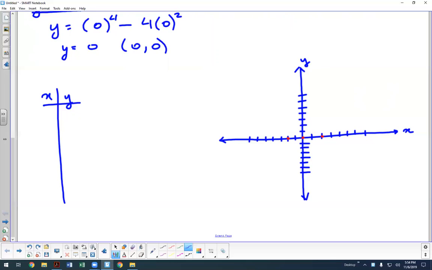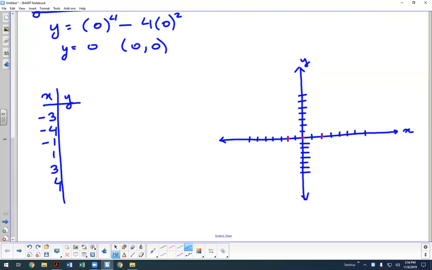So since we're using -2, I would probably use -3, -4 on the left-hand side. In the middle, I'd probably try and use -1 to see what kind of value I get over there. And then probably the same numbers on the positive side, so +1, +3, +4, and see what kind of ordered pairs we get through that.